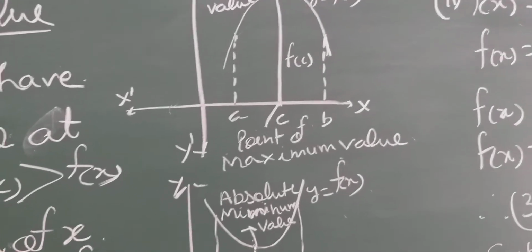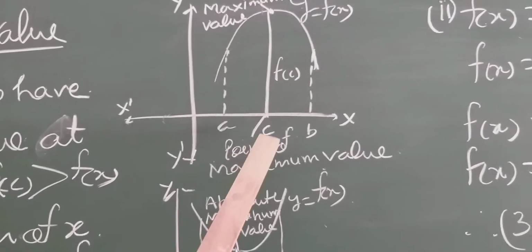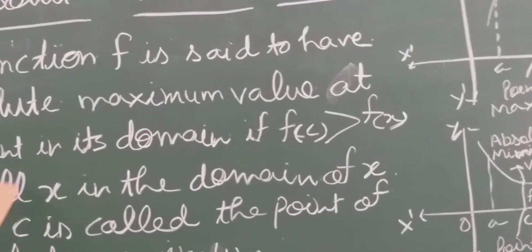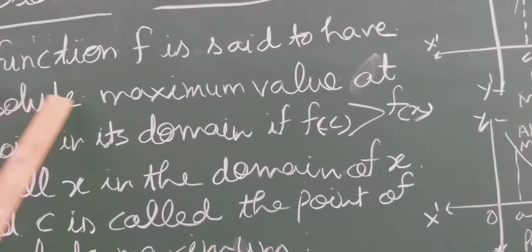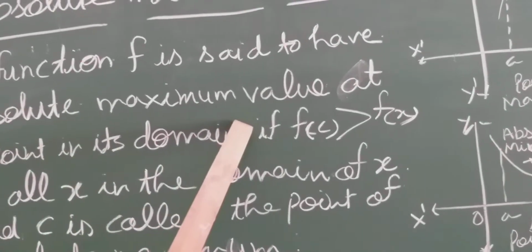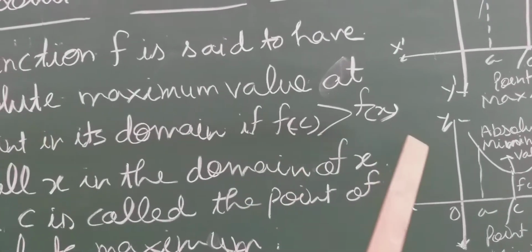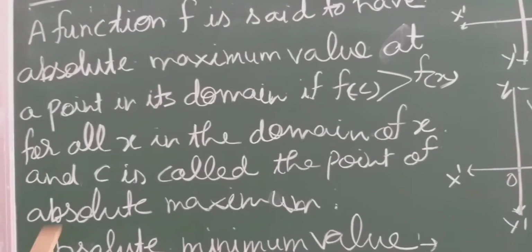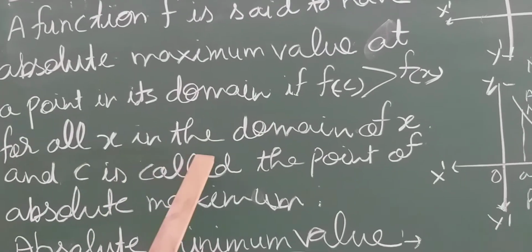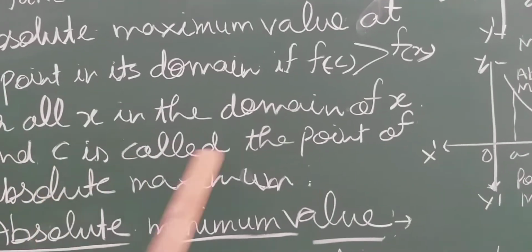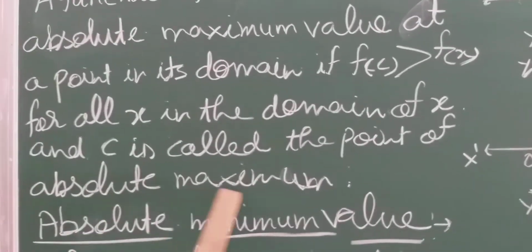So students, always remember a function has maximum value at c if f(c) is greater than f(x) for all values of x in the domain of f, and c is called the point of absolute maximum.